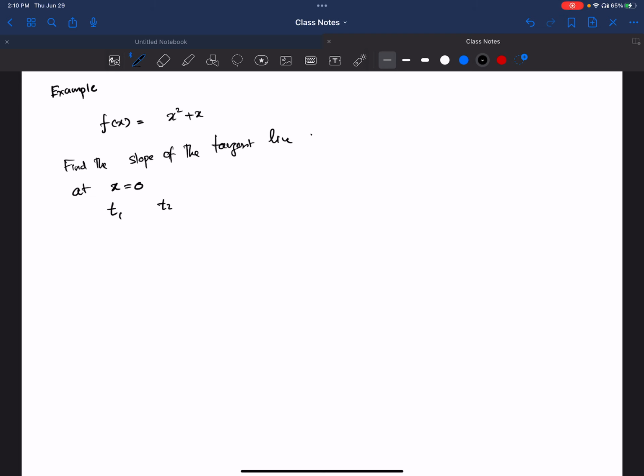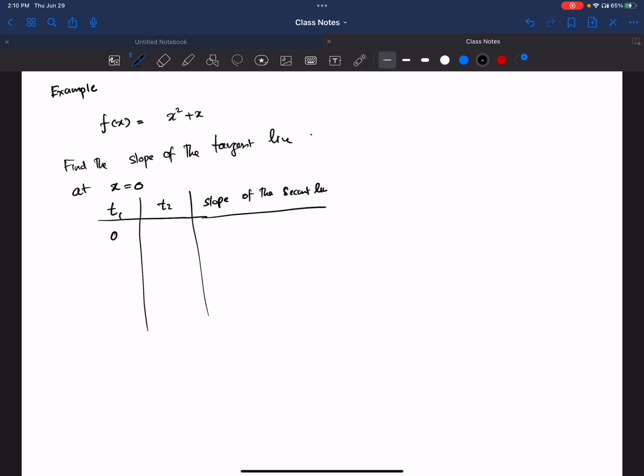T1 is 0, because I picked t1 as the point at which I want to find the slope of the tangent line. And here I can get a slope of the secant line.